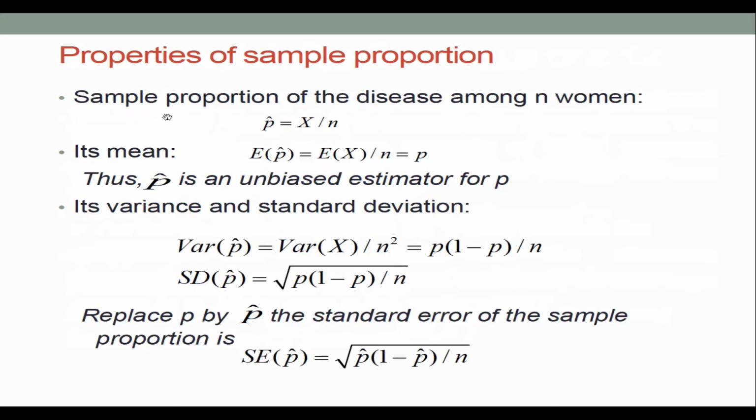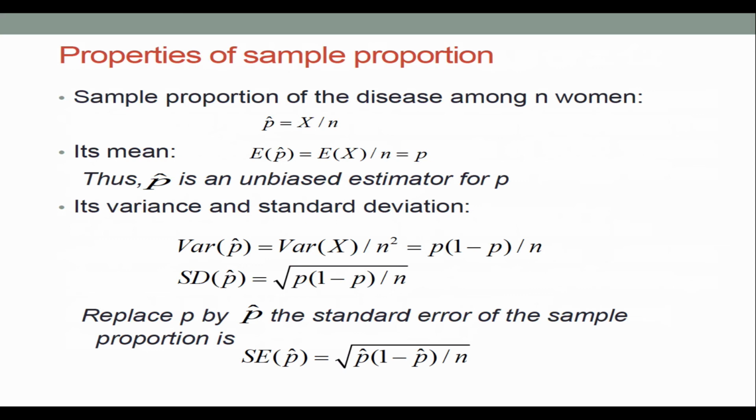We are proposing to use the sample proportion of the disease to estimate the population proportion, so p hat is given like that. Using these properties, we can derive its variance and standard deviation. The variance of this sample proportion is p times 1 minus p over n.